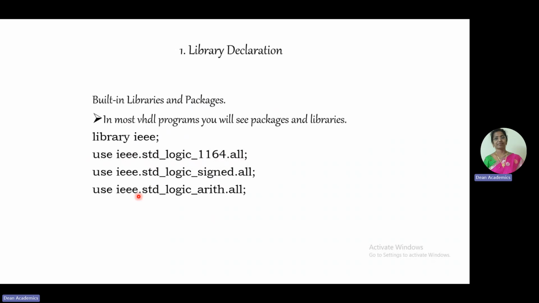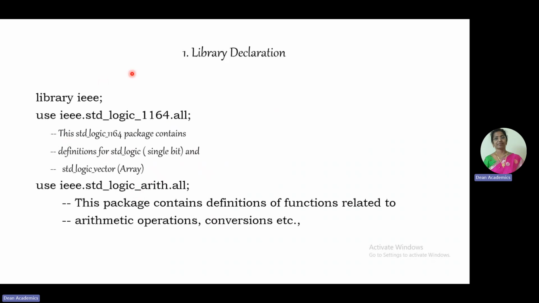in a library, and the packages that we are using in our program we include with this use clause. And if you see one example library declaration, library IEEE, use IEEE dot standard logic 1164 dot all. This package contains the definitions of single bit and array bit or standard logic data, standard logic and standard logic vector.